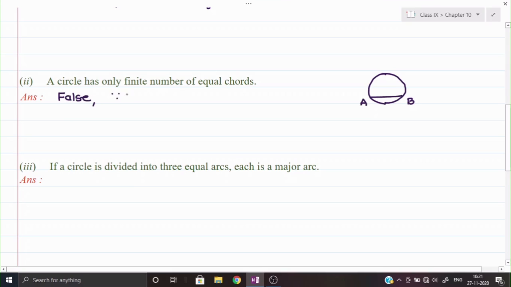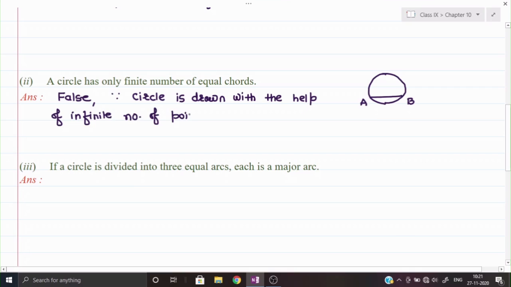Since a circle is drawn with the help of an infinite number of points, hence we can draw an infinite number of chords.